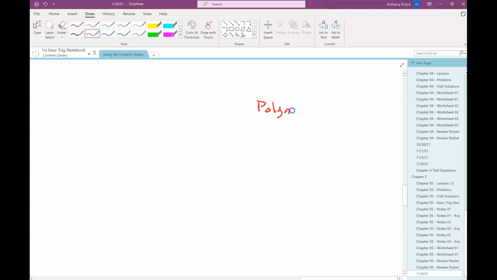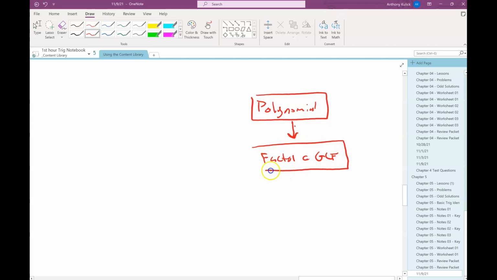So you have some polynomial. The first thing is we check to factor a least common multiple. Oh no, greatest common factor, jeepers creepers. So the first thing we do is do that.